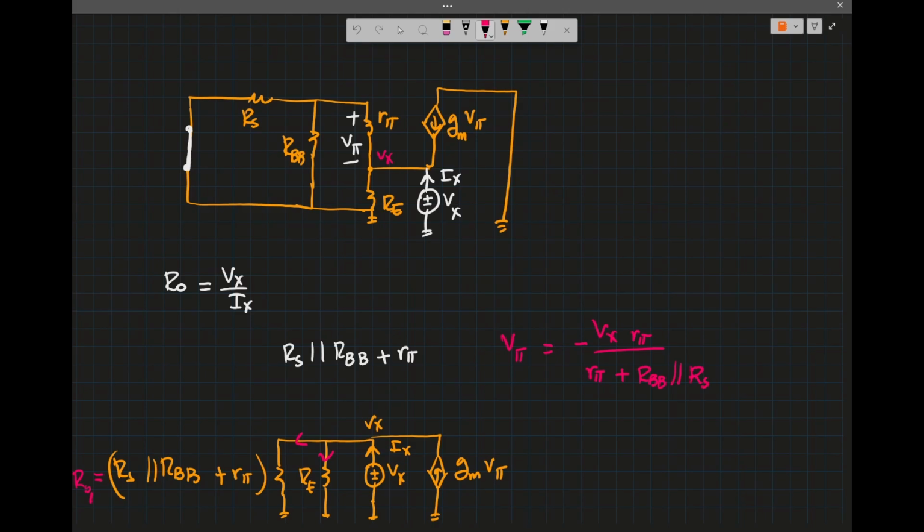I combine RS parallel RBB into one, then I have R pi here, and the voltage Vx right there.